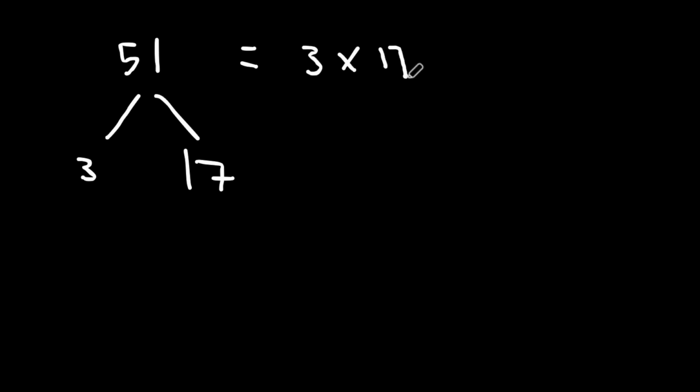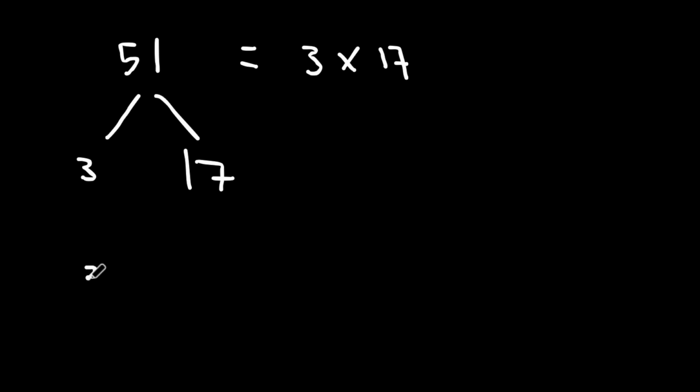So what are the numbers that make up 51? So 3 multiplied by 17 gives you 51. And can we break 3 further? No. Can we break 17 further? No, because these are all prime numbers. So therefore 51 equals 3 multiplied by 17. So this is how you showcase a number by its prime factors.